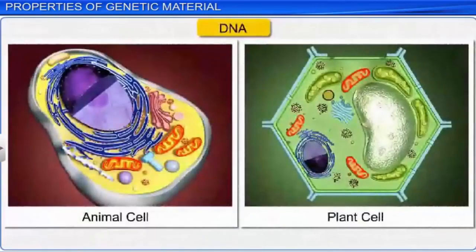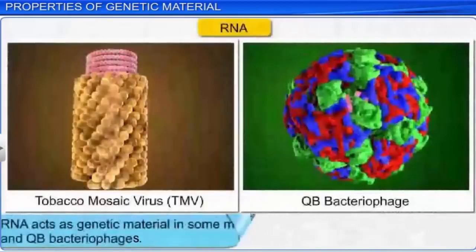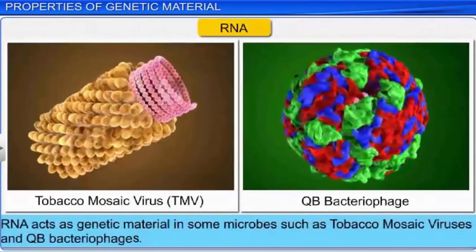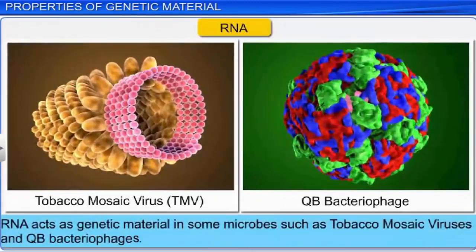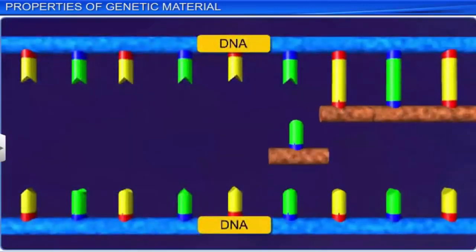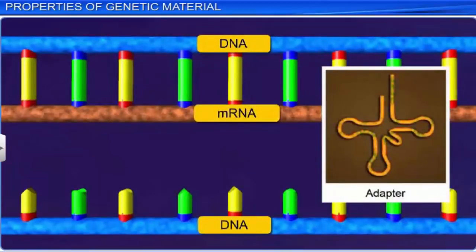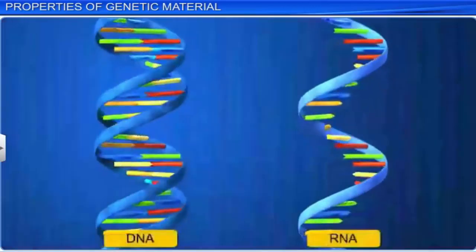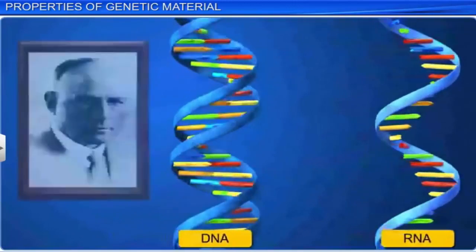Although it is to be noted that DNA serves predominantly as genetic material, RNA also acts as genetic material in few microbes such as tobacco mosaic viruses and Qβ bacteriophages, and also performs the role of a messenger and adapter. Of the two nucleic acids, it was DNA that played a part in Frederick Griffith's experiment.